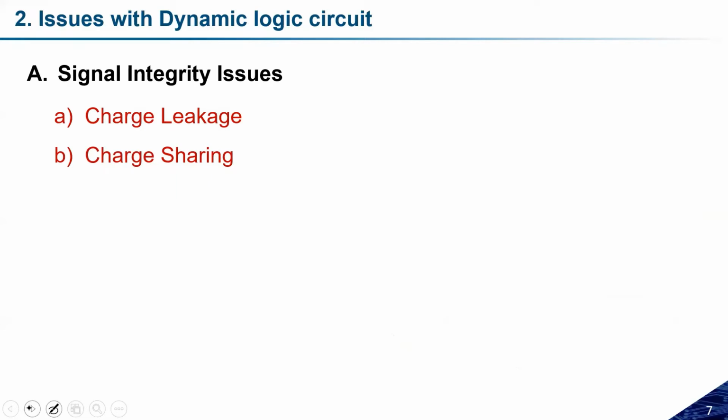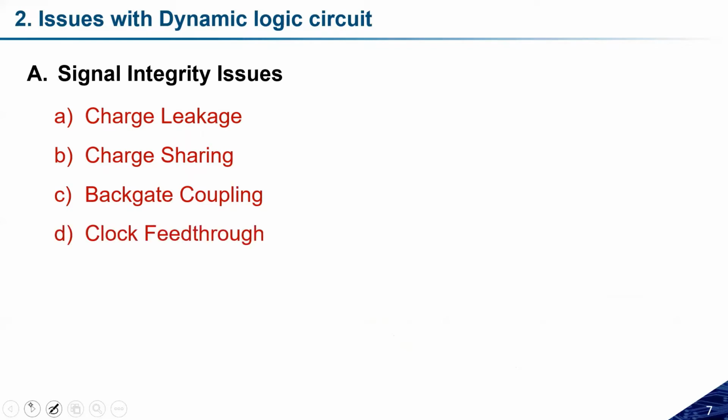The third one could be the back-gate coupling problem, and the fourth one is the clock feedthrough problem. So these are the major signal integrity issues, especially with dynamic logic circuits. Other than this, as I told you, we have some cascading dynamic gate issues.